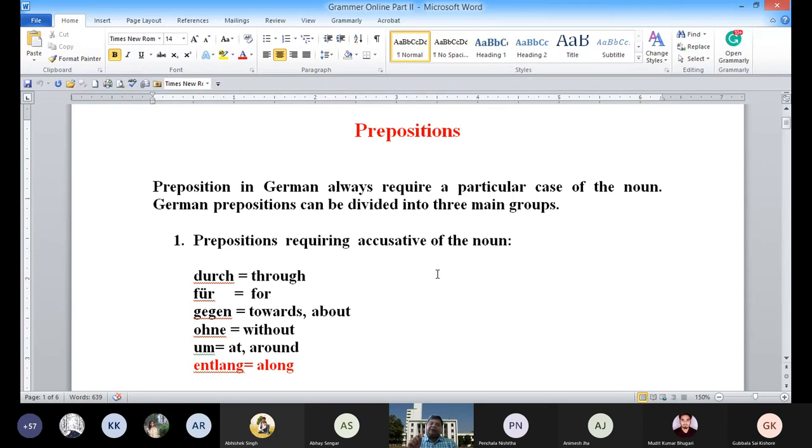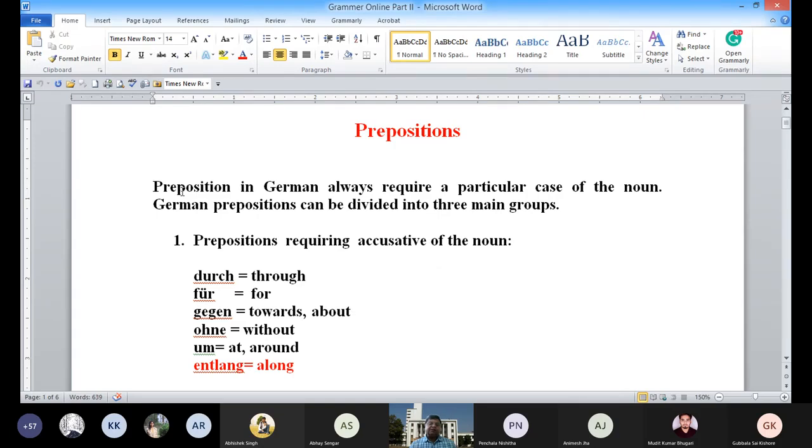If you are using the definite articles, it will be den, die, das, and the plural form will be die. If you are using indefinite articles, it will be einen, eine, ein. So first I will give you the meaning of these prepositions and then the use.